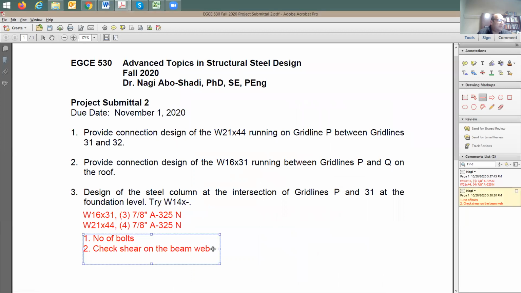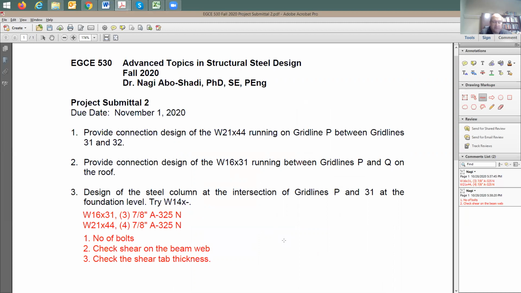So you check shear on the beam web. Item number 3, you can say check the shear tab thickness. In order for you to do this, you need to come up with the thickness and then check on the shear, and of course you need to account for the holes.